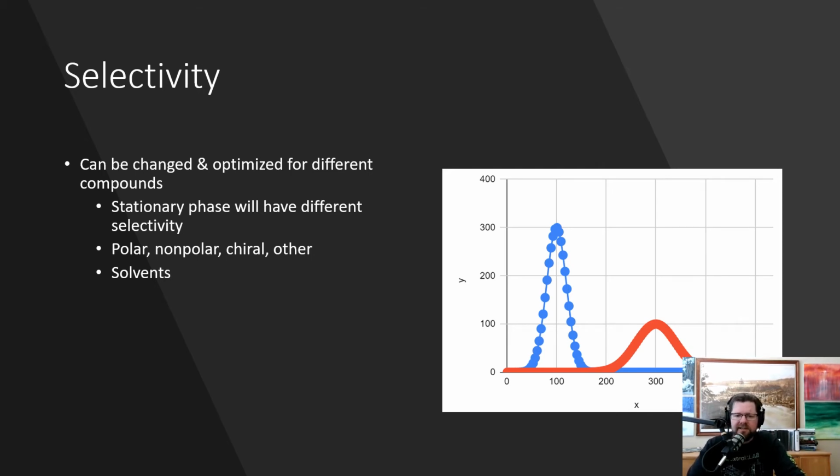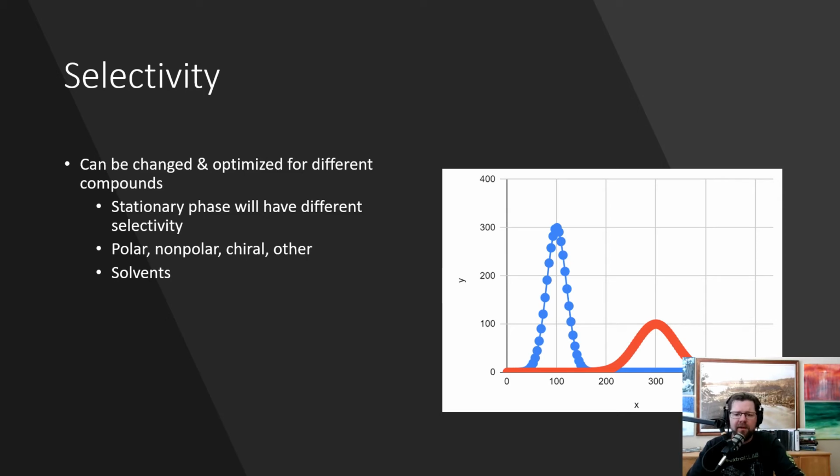This is an idealized case. Oftentimes you are running these samples in very high concentrations on the column. So there's certain things that you need to do and a certain skill set that you need to maintain this selectivity. But basically you can also change and optimize the selectivity for different compounds.